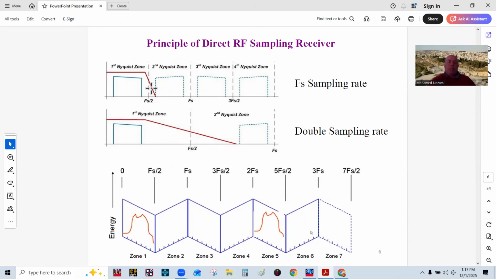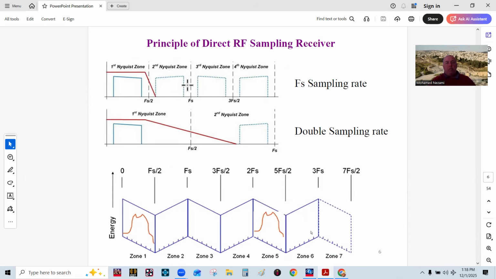So if you digitize a signal like this, and you don't want to utilize this part, you want to utilize this part, all you need is a digital down converter. This here is three-quarters of the sample frequency, so you just rotate this down to here, and this will be rotated in the negative.